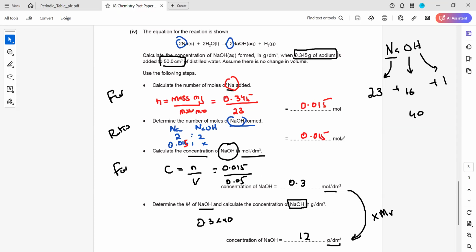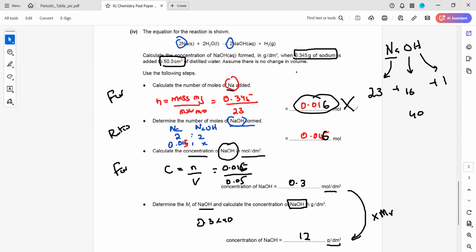For moles questions, it's always error carried forward. What does error carried forward mean? Let's say this was 0.016 for us. Then we'll use 0.016 in the next part and divide by it.